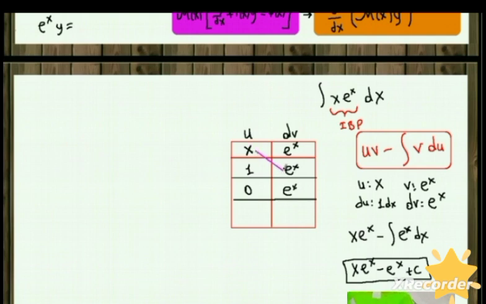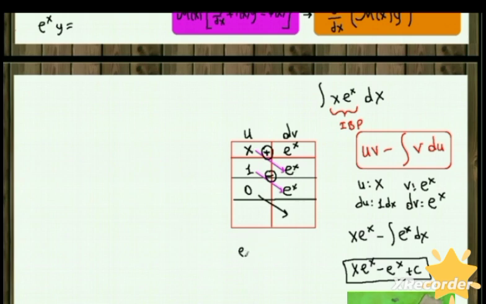Now we're going to make our arrows, starting from plus, minus, alternatively plus, minus, plus, minus. And we need to stop here because 0 times anything is 0, so it doesn't make sense.